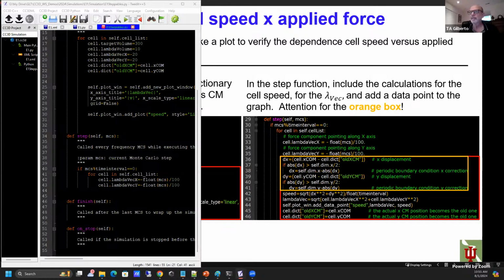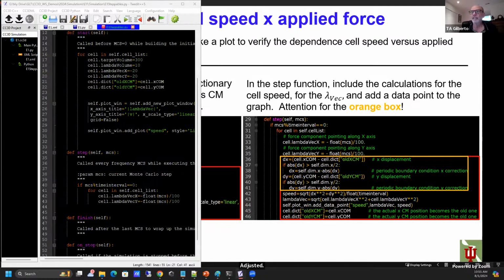Okay, I will continue. Correcting what Yuxa just noticed here at the start function. The dictionary starts with the actual position of the cell, the center of mass of the cell.